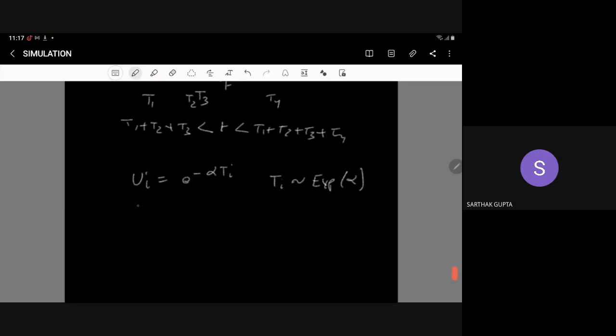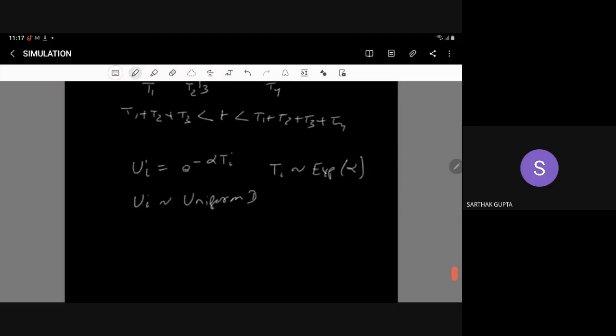So what is the distribution of ui? Ui follows the uniform distribution. Why? What is the f of ti?